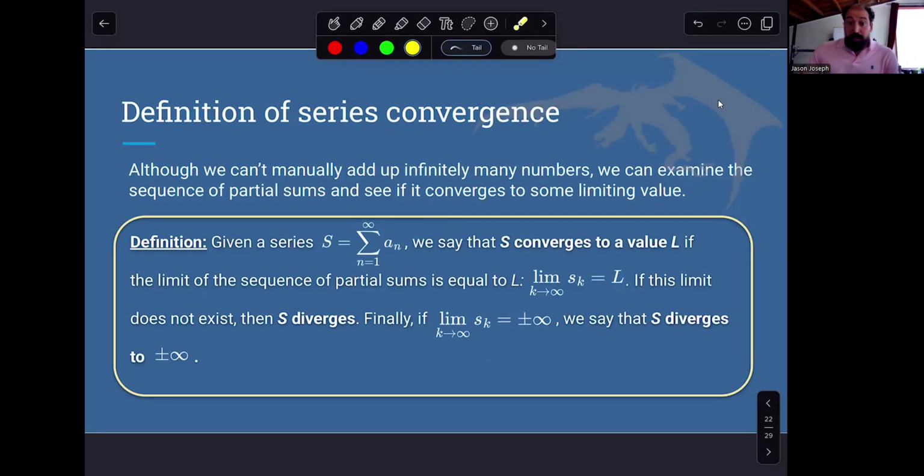Given a series S, we say that S converges to a value L if the limit of the sequence of partial sums is equal to L. If this limit does not exist, then S diverges. And specifically, if the limit is plus or minus infinity, we can be specific and say S diverges to plus or minus infinity. We're just giving as much information as we can, just like with limits.